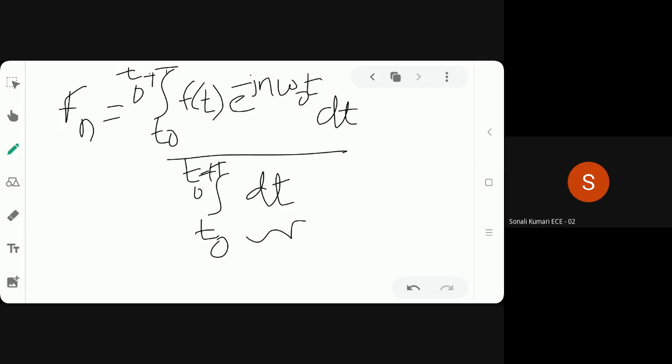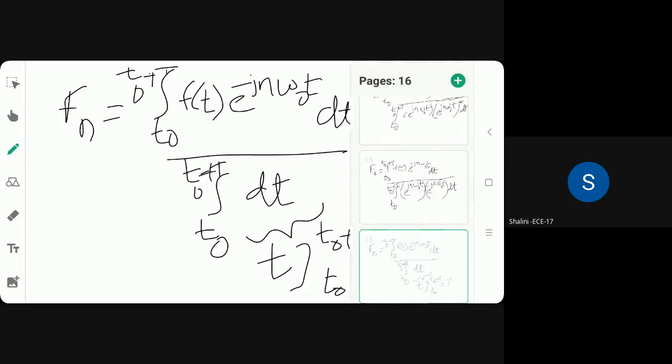If you simplify the denominator, the limits of integration are t naught to t naught plus capital T, so upper limit minus lower limit, the denominator becomes capital T. So now what is the final formula? What is Fn equal to now?